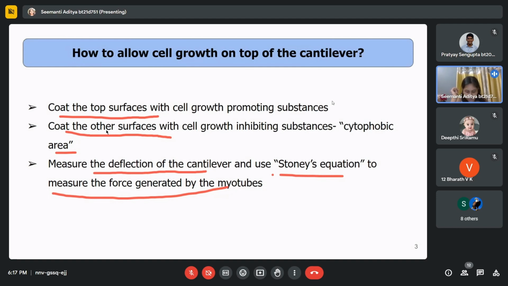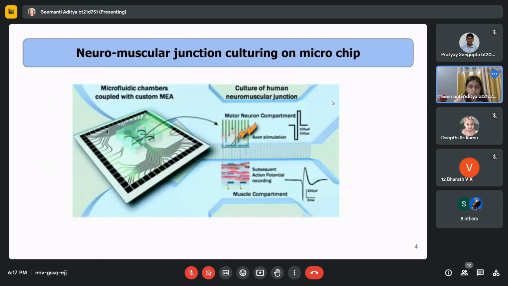So yeah, there are other ways in which we can culture the neuromuscular junction on a microchip. The neuromuscular junction is the junction where the neurons, suppose this is the neuron, going to motor neurons, have their dendrites over here, and they will be attached to a particular muscle, suppose this muscle myotube.